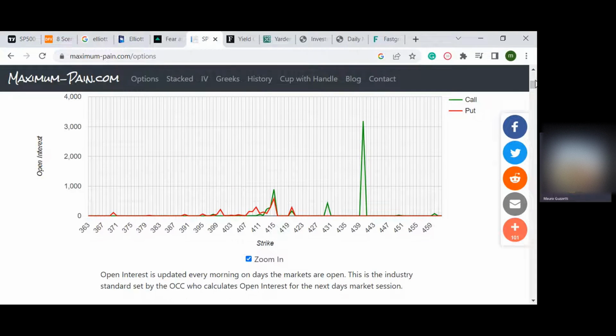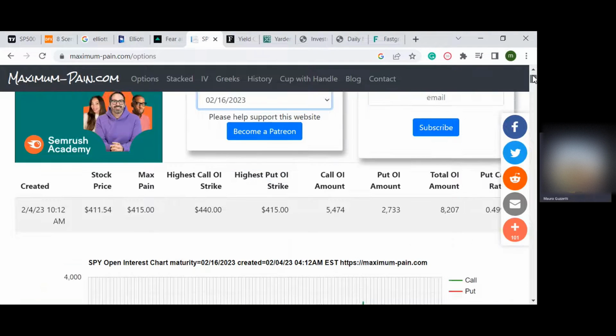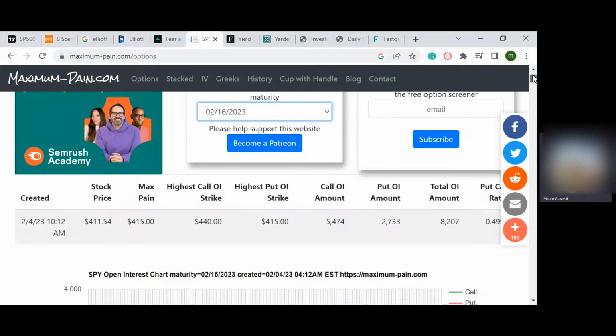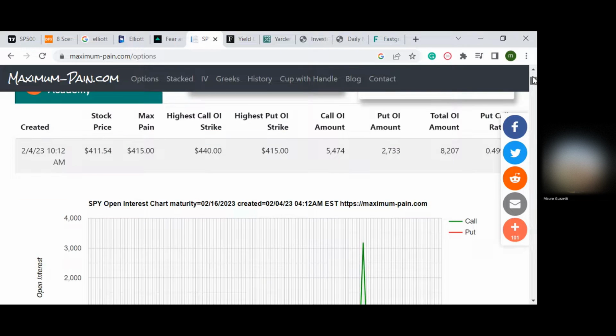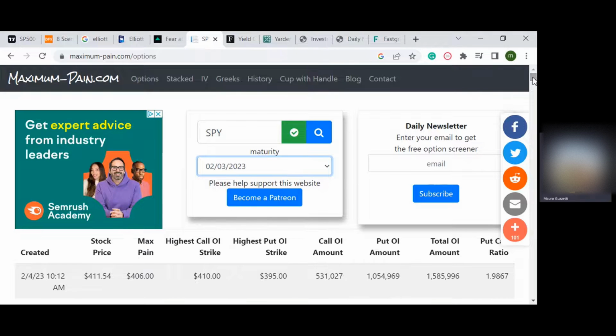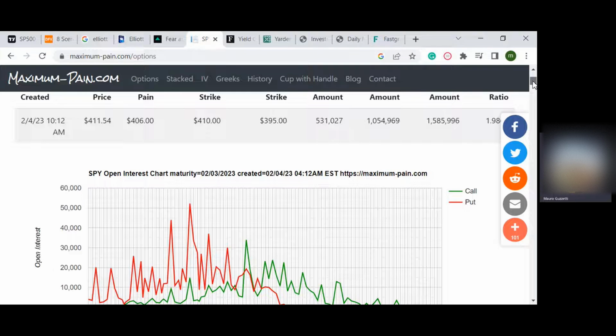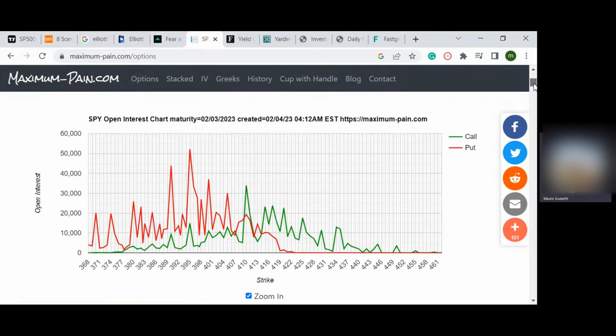That's a fantastic website. It's called maximumpain.com that indicates where are the put strikes. Let me show you. This is the SPY, the ETF of the S&P 500, and let's have a look at yesterday. It shows it closed at 411. What happened? These are the puts that are open in the market.